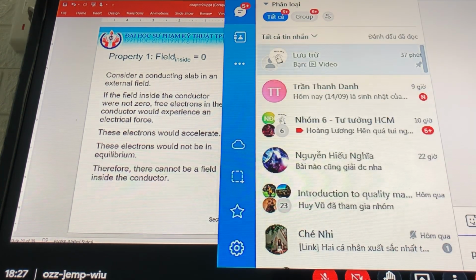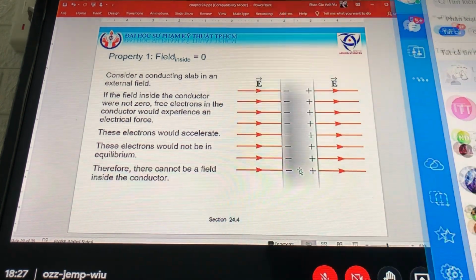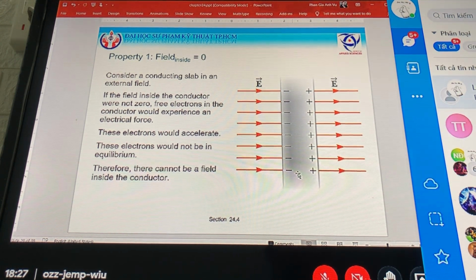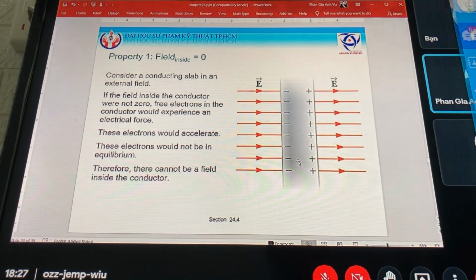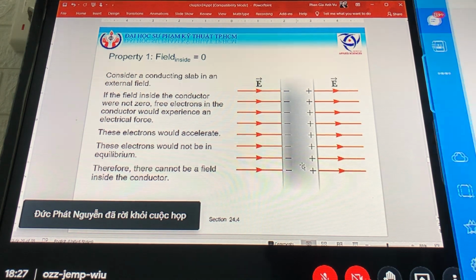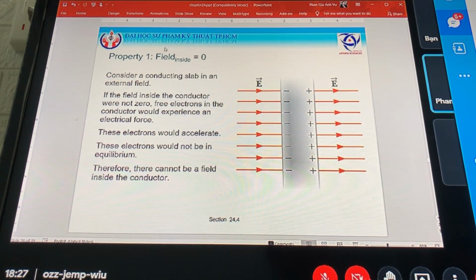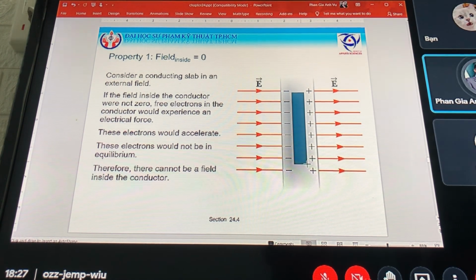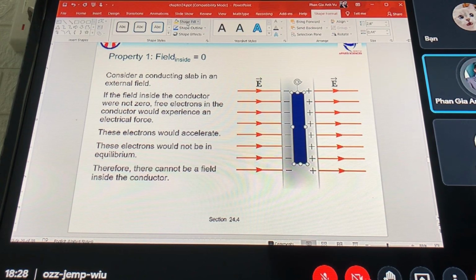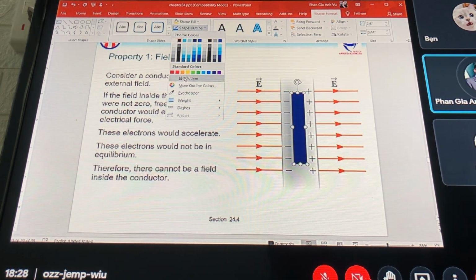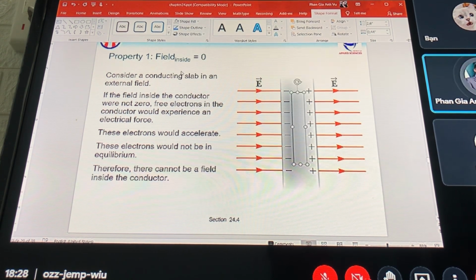So what happened inside the metal? When we use the Gauss law inside the metal, let's say I draw a box here inside the metal, and I calculate the flux through this box.